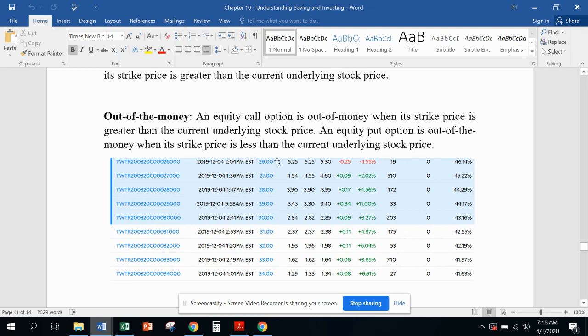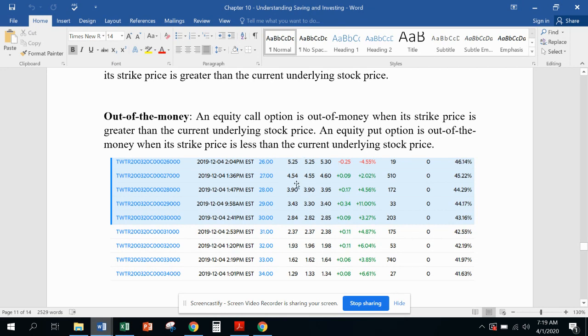I could buy it at 26 and sell it in the market at $30.20. It would make sense to buy here and sell there. It would not make sense to buy at 33 when the market was trading at $30.20. So these strike prices are considered out of the money, and these strike prices, since they were below the current trading price, were considered in the money.